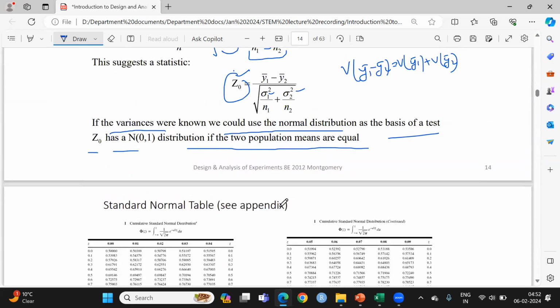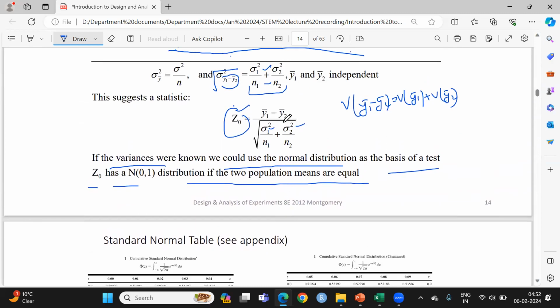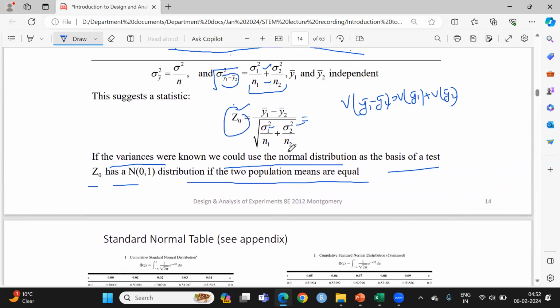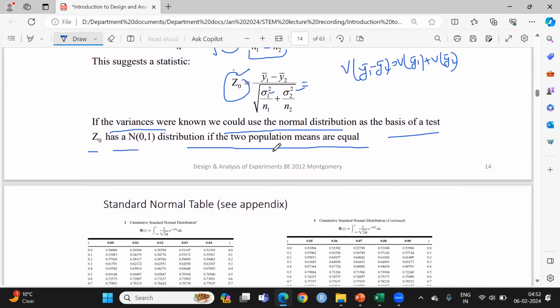Now, how can one make a conclusion, whatever the value we got from here, whether that value leads us to reject the null hypothesis or accept the null hypothesis.